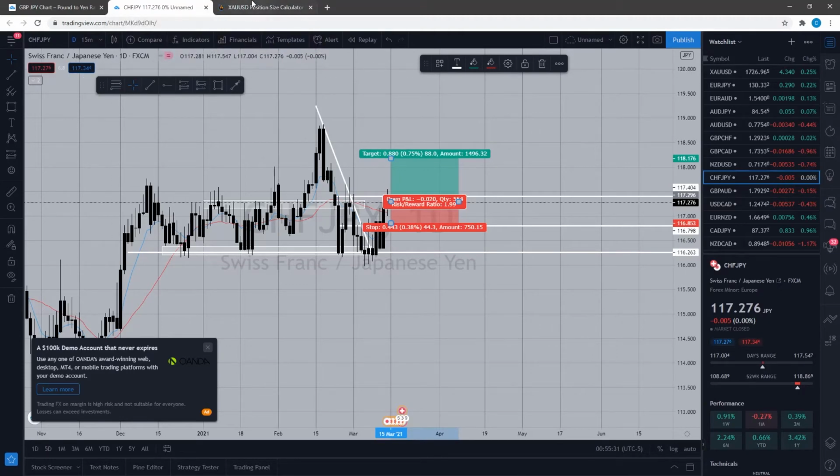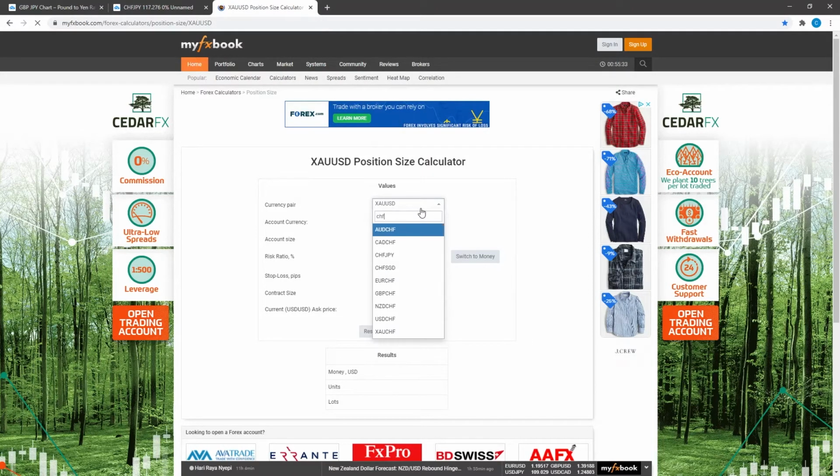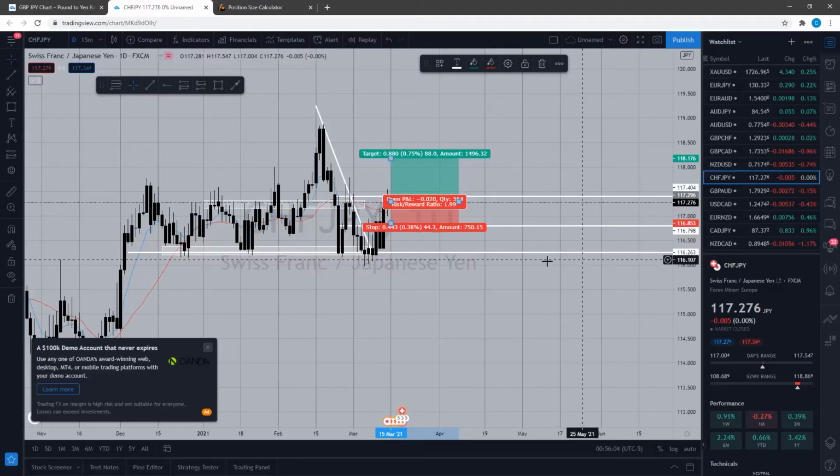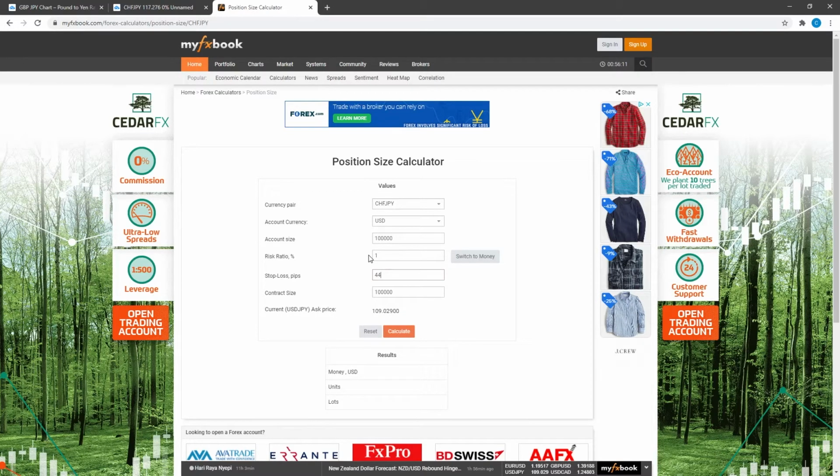This is CHF/JPY. Then account currency, depending on where you live, and then account size, so 100,000, and risk ratio, 1%. Remember to only risk 2% of your account at most and stay consistent with that, because if you don't, you're going to blow your account. In this one, I'm going to be doing 1%. And then stop loss pips, that is going to be this number right here, 44.3. So you enter that in.